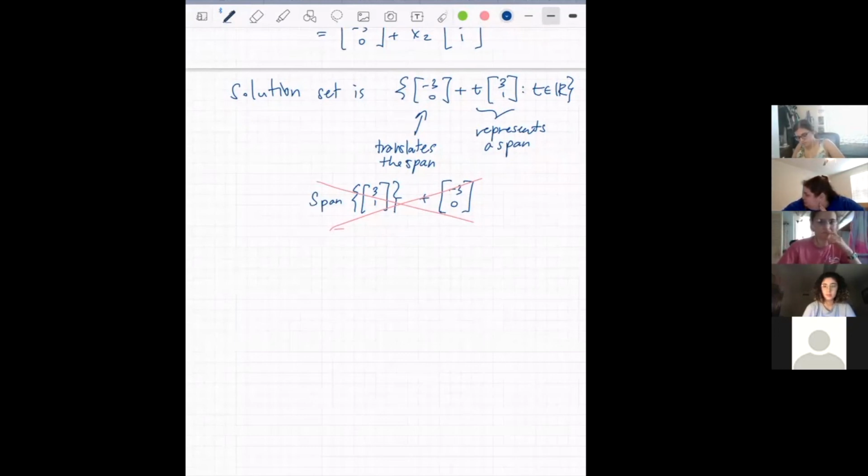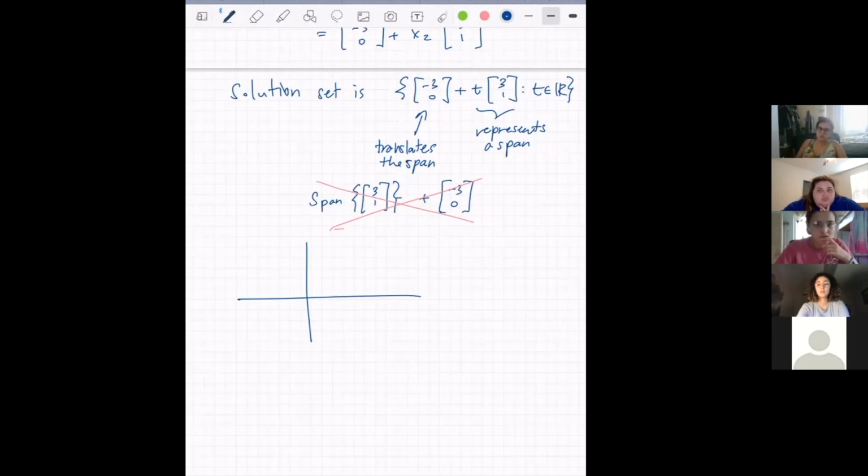So if we wanted to picture this, this is in R2, our solution set for this part. We have the span of 3, 1: 1, 2, 3, and up 1. So it would look like this. And then we translate that entire thing over by, so it would be over 3 and up 0.